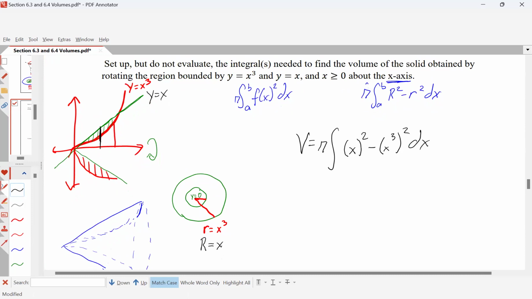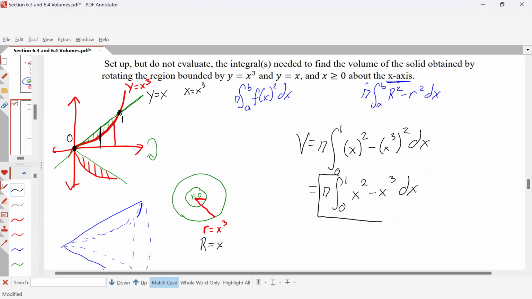The last thing we need is these bounds, which is pretty well known, but we could also solve for when x equals x cubed, that for x being greater than or equal to 0 will happen at x equals 0 and x equals 1. So our bounds are 0 to 1, and simplifying this integral a little bit, we have the integral of pi times x squared minus x cubed dx from 0 to 1.